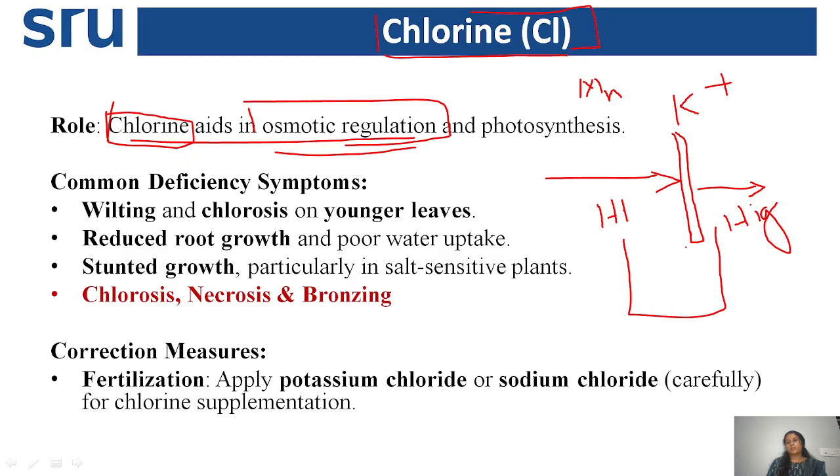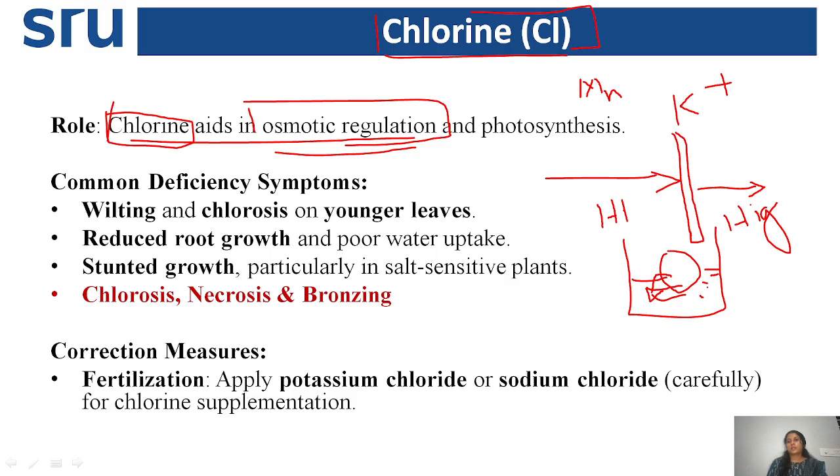If you keep a cell inside a hypertonic solution, meaning high salt concentration and low water content, where water is very little, the water will move from the cell to the outside environment. That we call exosmosis.